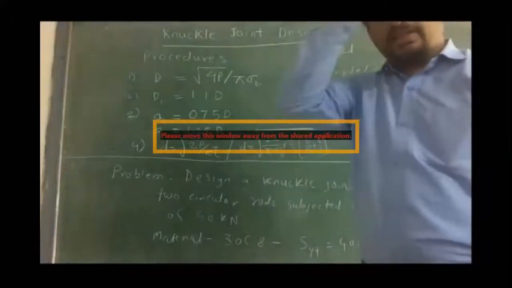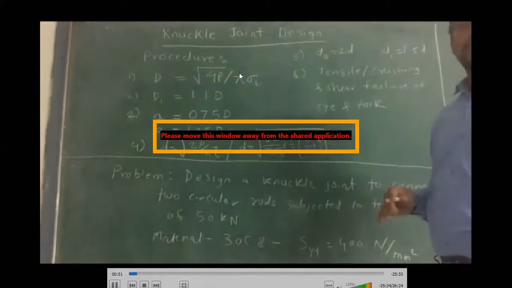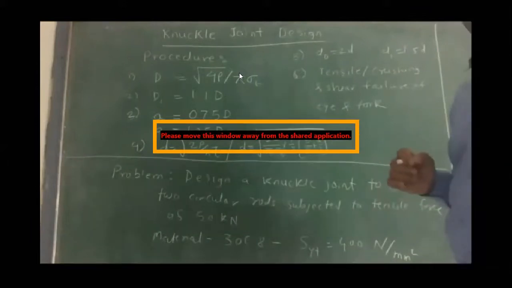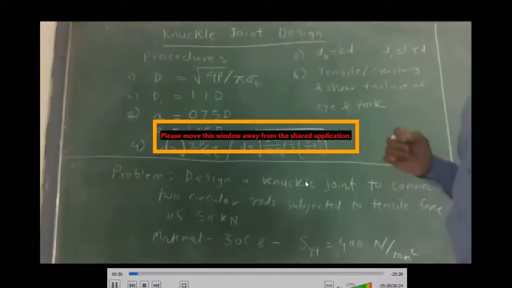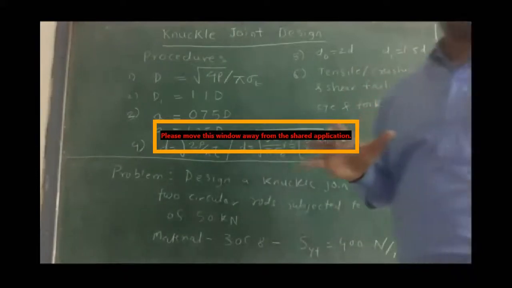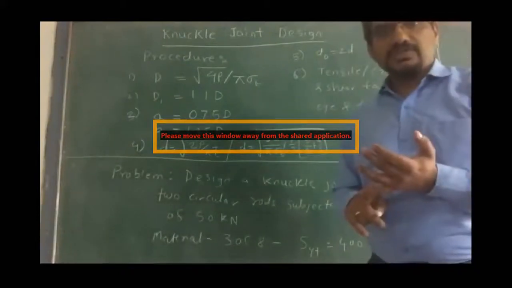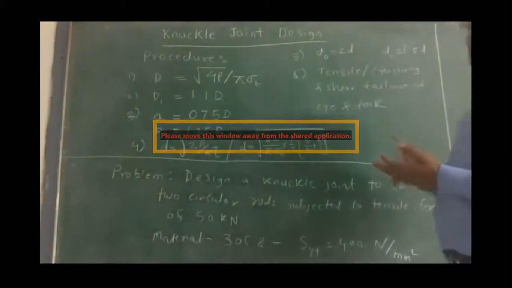We have gone through that prior to this lecture, but quickly we'll go through the different steps we have to carry out to complete the design. Now we need a few diameters. First is the diameter of the rod, then the enlarged diameter of the rod.